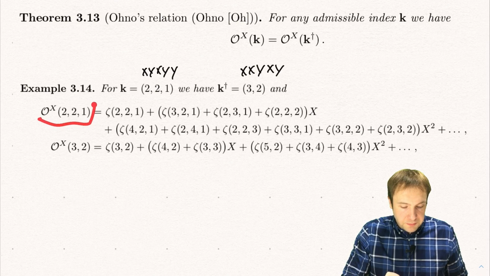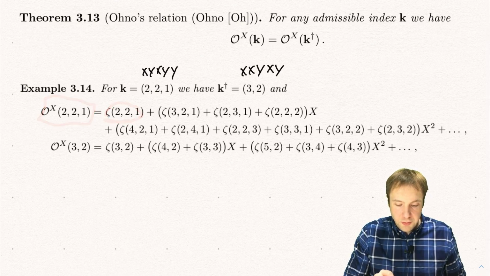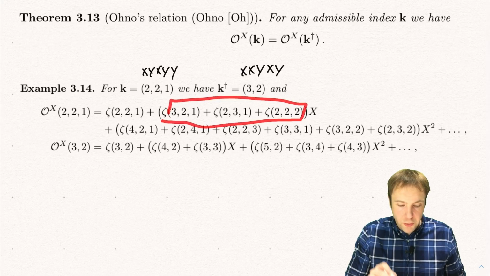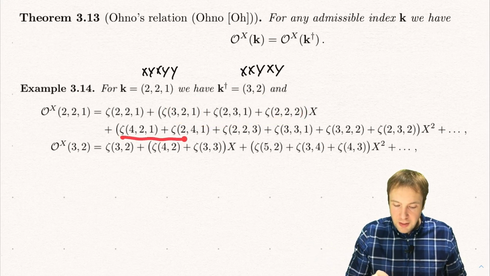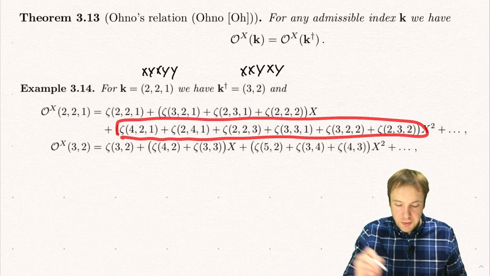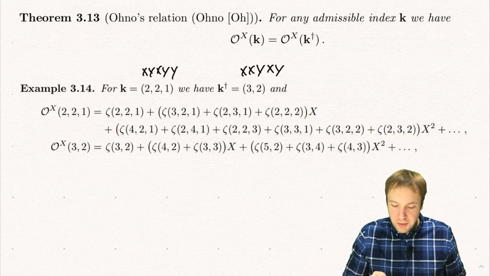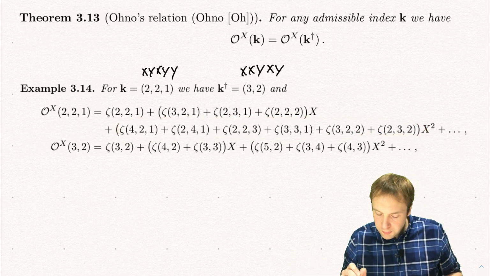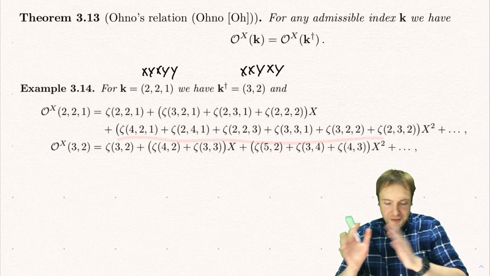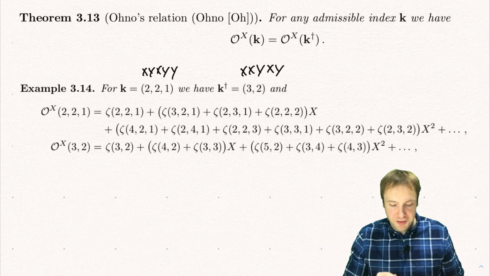And the Ohno sum of 2, 1 is given, well, it starts with zeta 2, 1, then I can add 1 at each position, or I can add 2 and 1. I can add 1, 1 at the positions, or I can add 2.